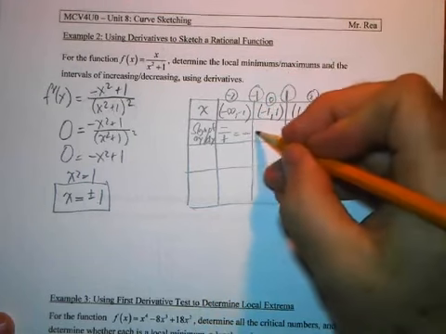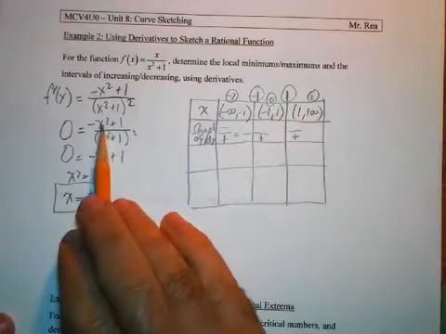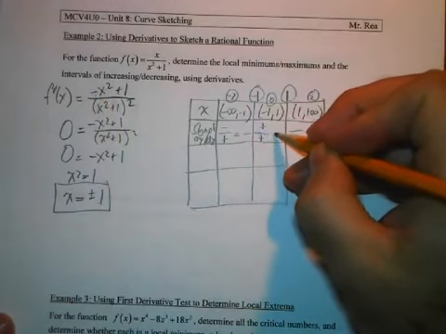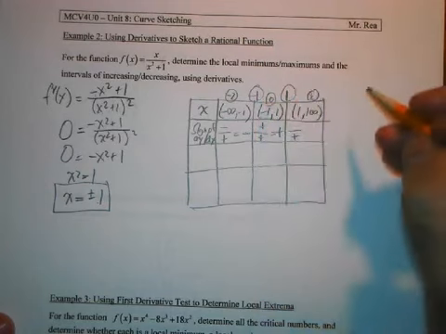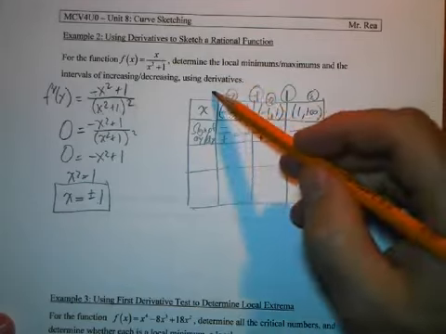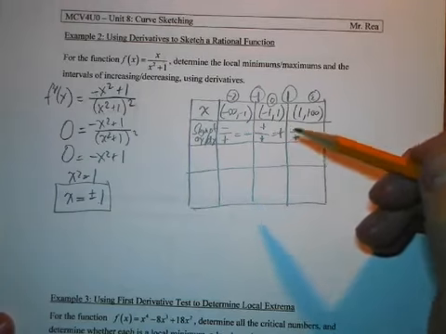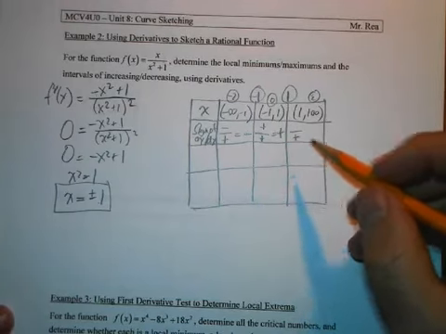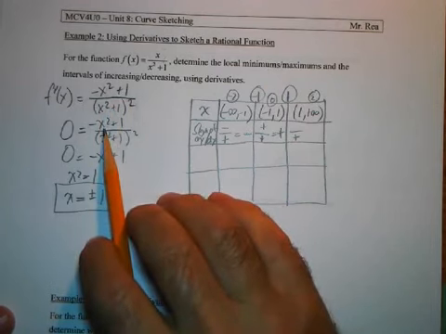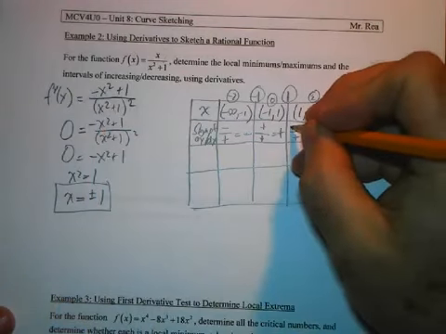Okay, and I could do the other ones as well. I'll put my positives in right away. If I plug in a 0 up here, I'm going to get a 1, which is positive. So overall, that interval is going to be positive. It seems like most of the time it changes from one side to the other, but like I hinted at the last question, that's not always going to be true. If I plug in 2 here, I'm going to get the same value as for -2, so that's negative as well.